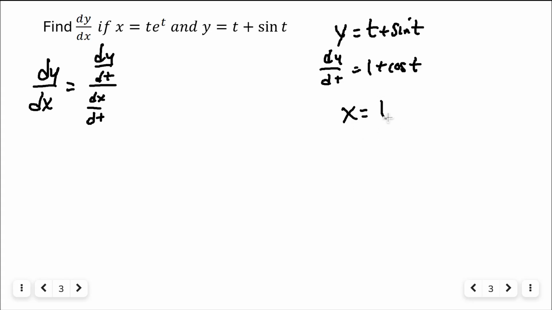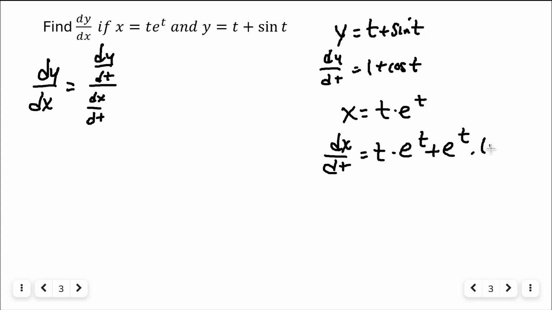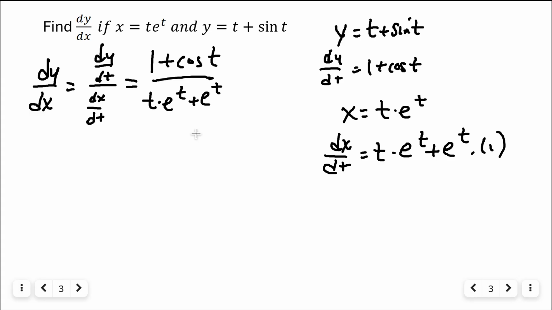And then if x is t times e to the t, I have to use the product rule. So dx dt will be, leave the t, derivative of e to the t is itself, plus leave the e to the t, derivative of t is 1. So then dy dx is 1 plus cosine t divided by t times e to the t plus e to the t. And that's what the derivative is, dy dx.